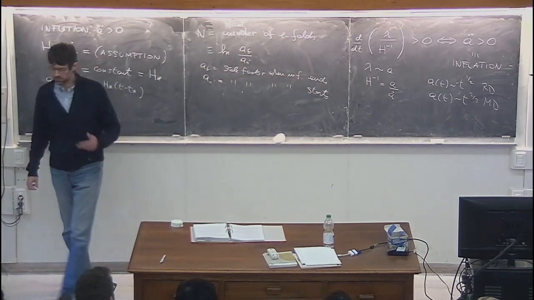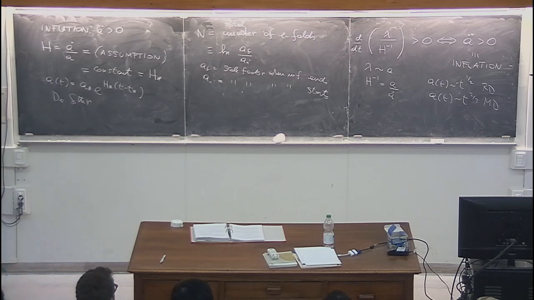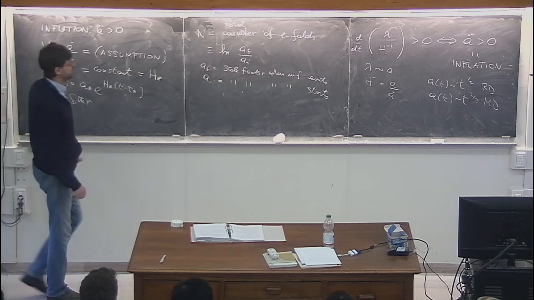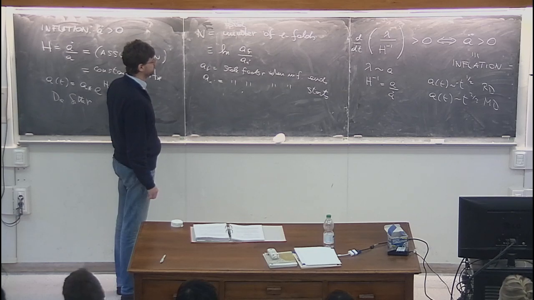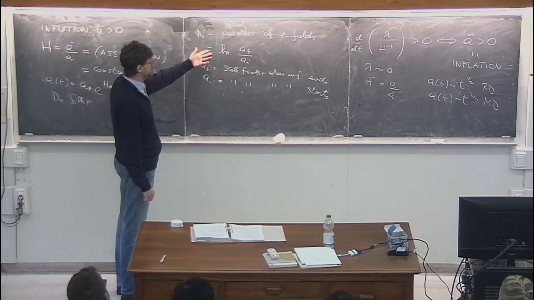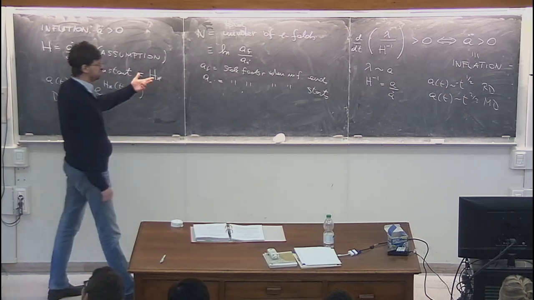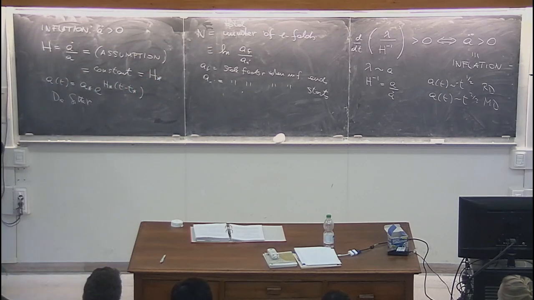Okay, so those are my two reference values, and then I define N to be this quantity here: just the log of the scale factor at the end divided by the scale factor at the beginning.